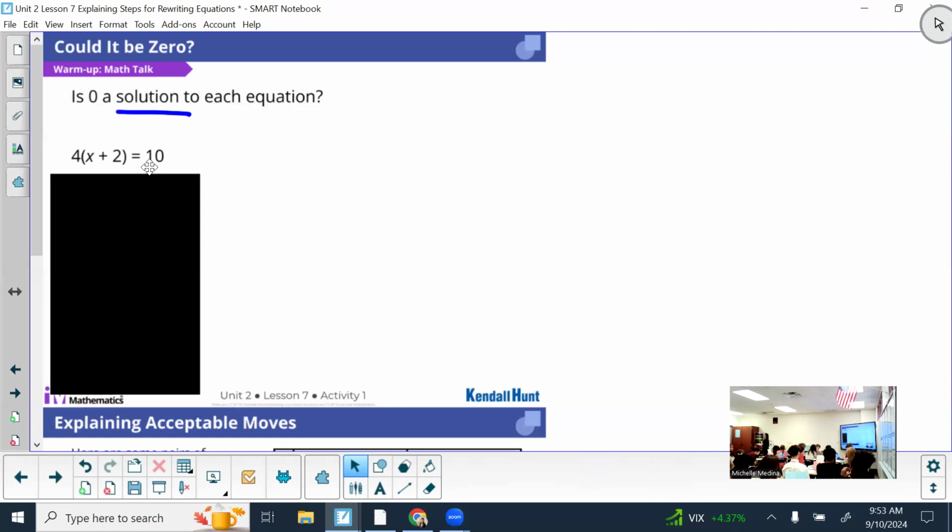Okay. So when you think you know, yes or no, is 0 a solution to this first one, put your thumb up. Once I see enough thumbs, then I know we're ready to talk about. So is 0 a solution to this first equation?